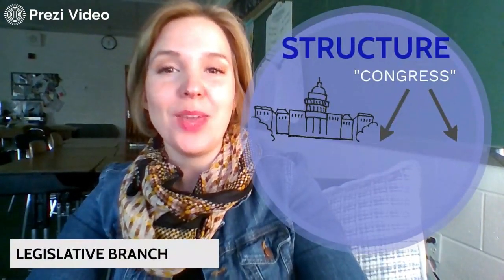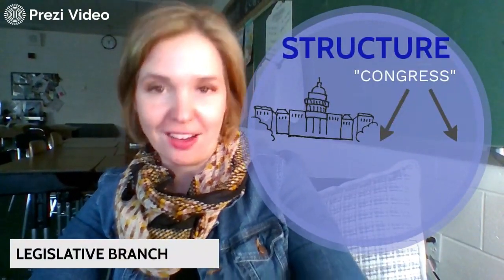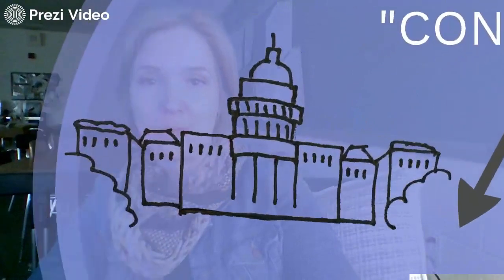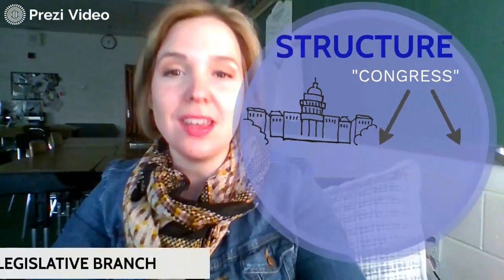Hi, guys. We're going to talk a little bit about the legislative branch and try to better understand this branch of government. So we're going to break this up into two sections. First is talking about the structure of the legislative branch, and then talking about the powers of the branch. So let's begin. We call our legislative branch Congress. It is just like a formal name, but they're one and the same thing.